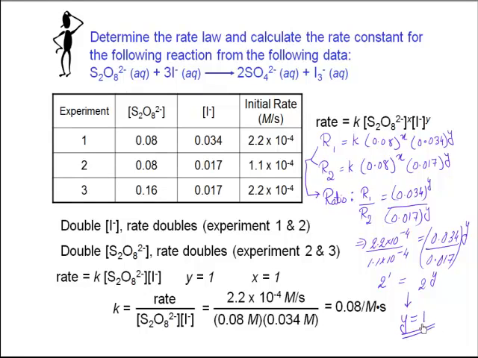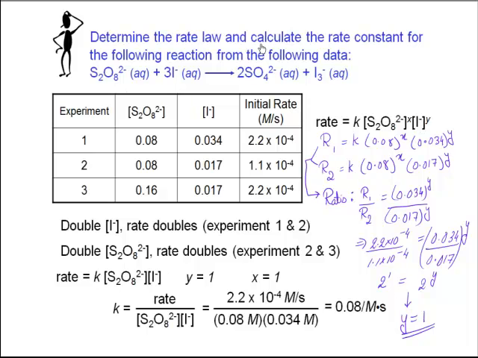So order of the reaction with respect to iodide ions is 1. Similarly, it can be proved that order of the reaction with respect to persulfate ions is also 1, and hence overall order of the reaction is 1 plus 1 equal to 2.